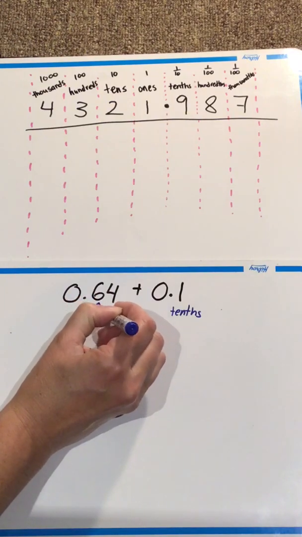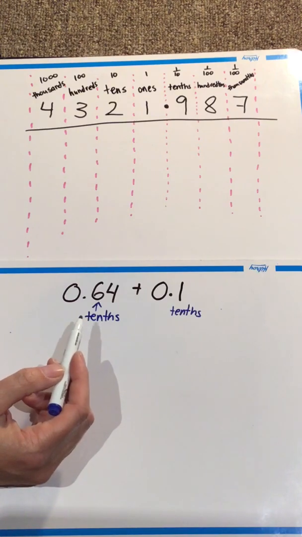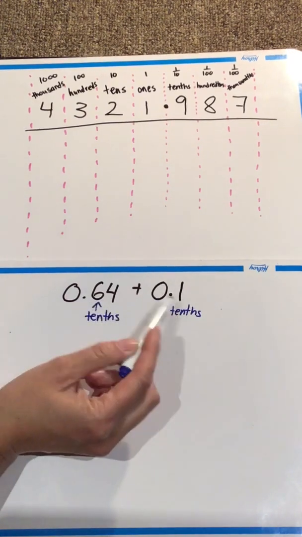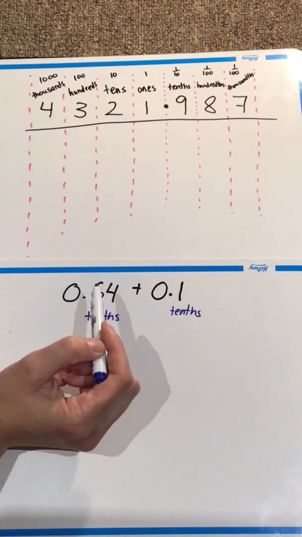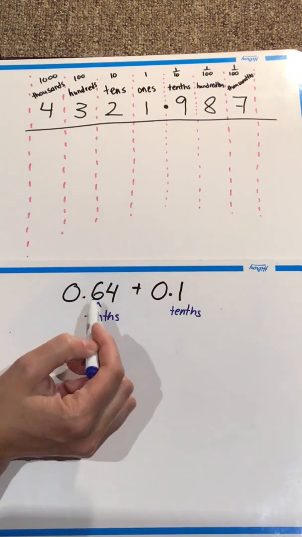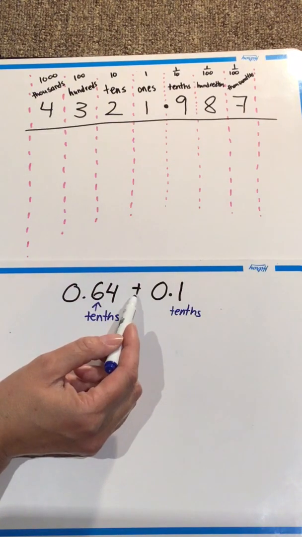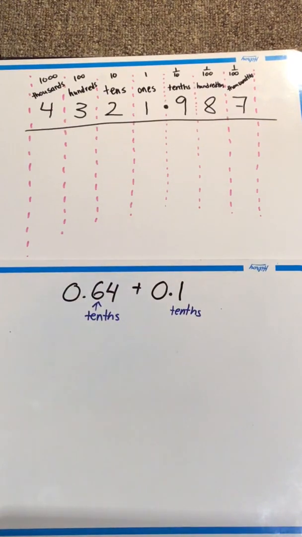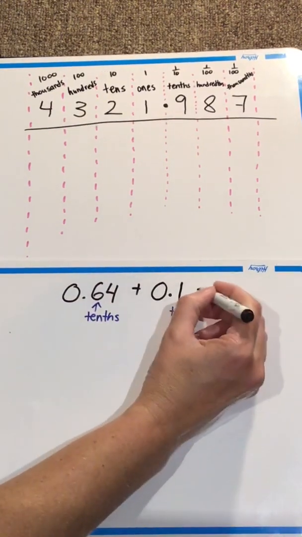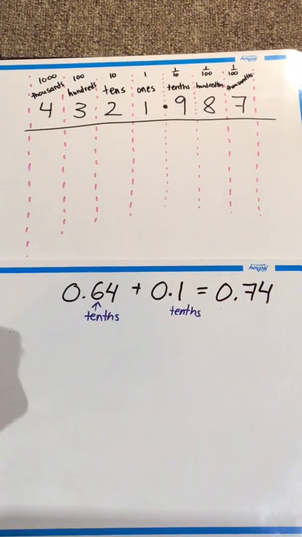So the only change is going to be in the tenths column, unless the numbers we're adding add up to more than 10. All the other digits stay the same, and the tenths column is going to go up since we're adding. So our answer would be 0.74. The tenths column is going up by 1.